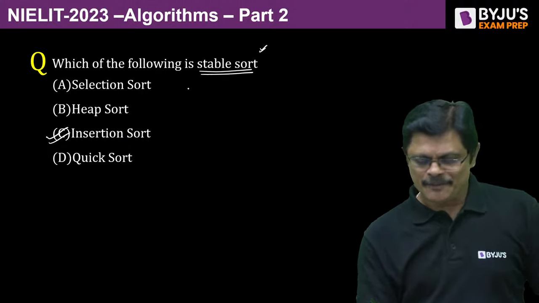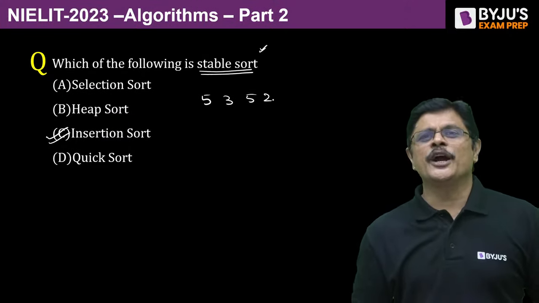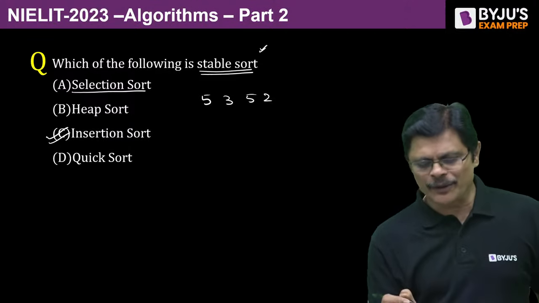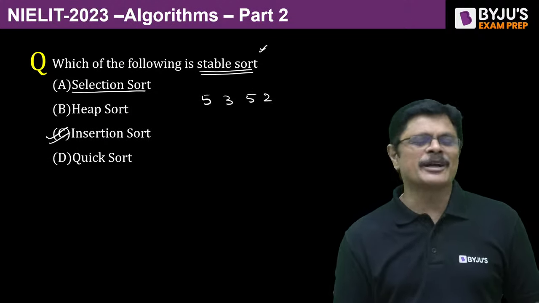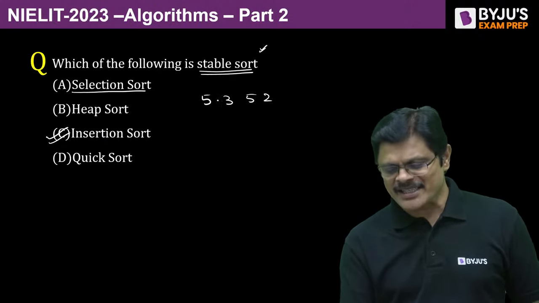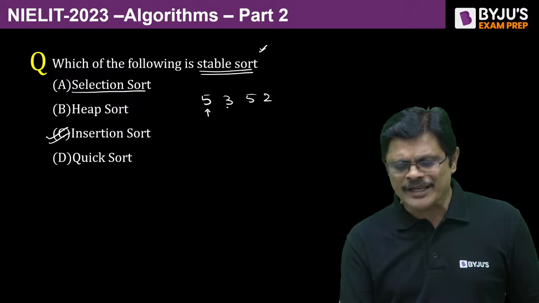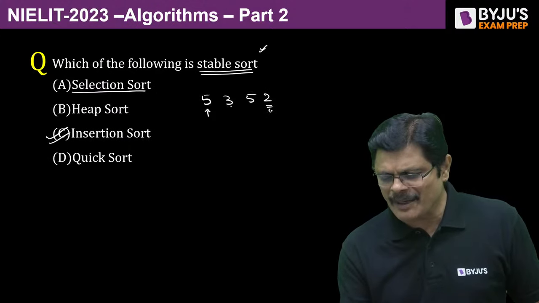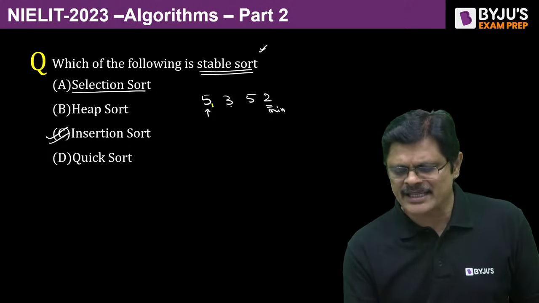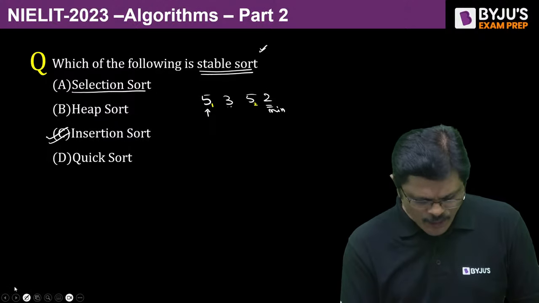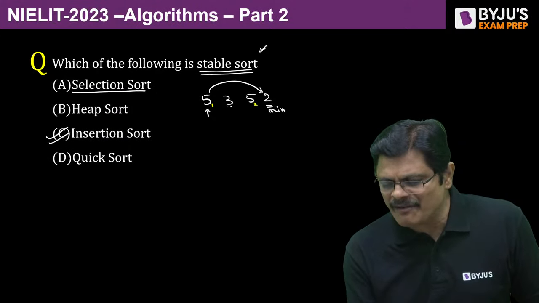See, for example, if you consider 5 3 5 2, let us take selection sort. Even quick sort also you can take the same example. In selection sort, we try to identify the least element. So obviously this is the minimum element. If you observe, this is the first occurrence of 5, second occurrence of 5. Now the minimum element is swapped with the first element.